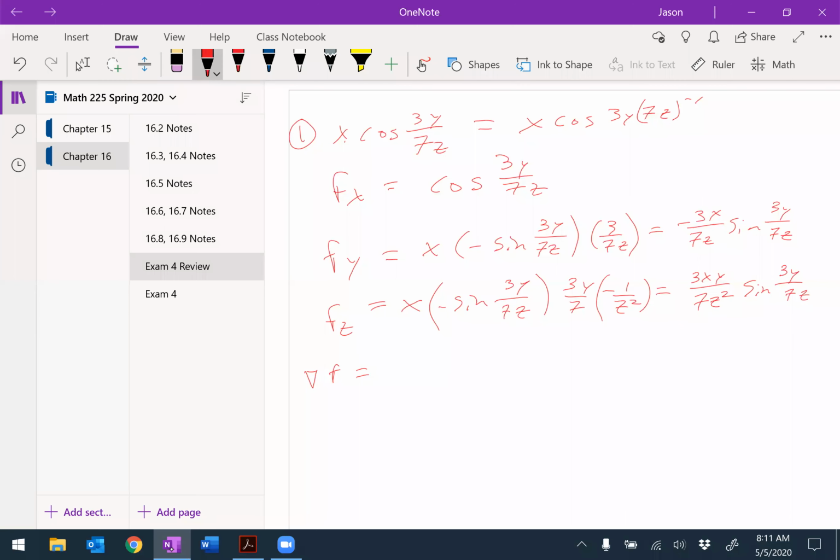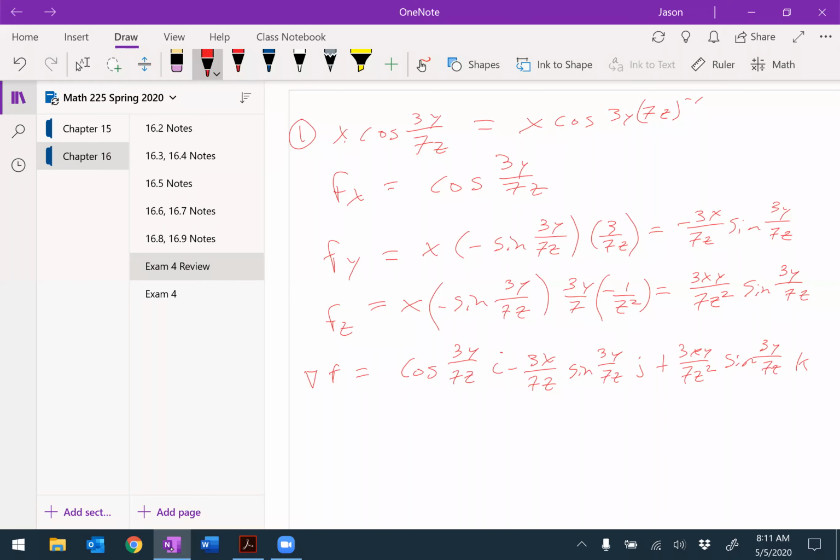So this is going to be cosine 3y over 7z i, plus, or actually it's going to be a minus, 3x over 7z sine 3y over 7z j, plus 3xy over 7z squared sine 3y over 7z k.